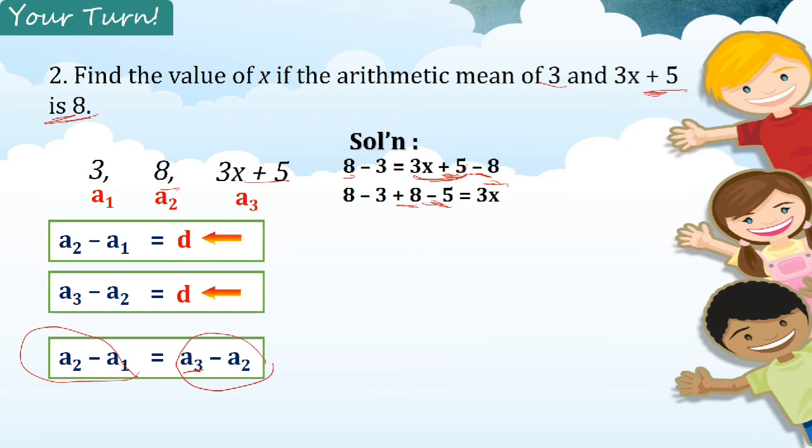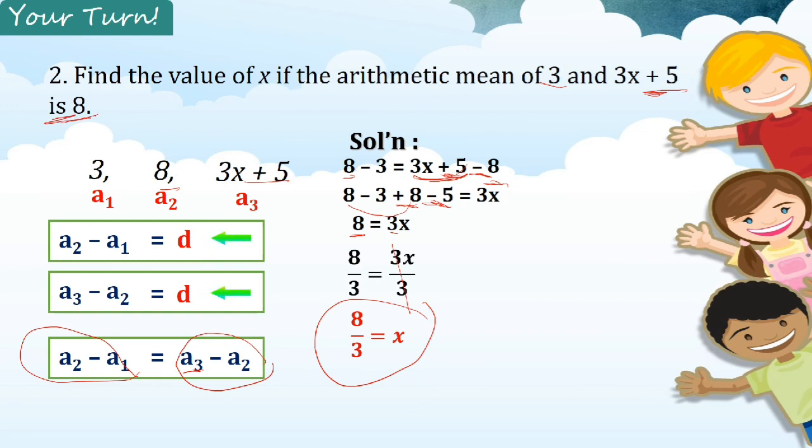And then simplify, that's 16 minus 8 is 8, and then 3x. So, divide both sides by 3, since 3 yung coefficient ng variable x natin. So, cancel. X, therefore, is 8 over 3 or 8/3. So, that's the value of x.